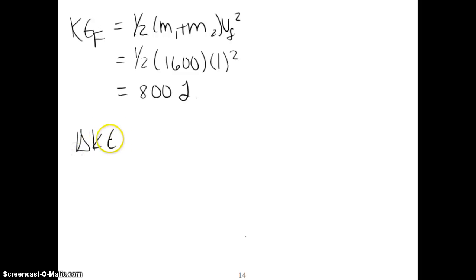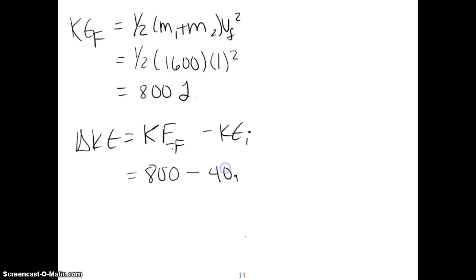To find your change in kinetic energy, we know it's final kinetic minus initial kinetic, which gives me 800 minus 40,000, for a change in kinetic energy of negative 39,200 joules. And this is my change in kinetic energy.